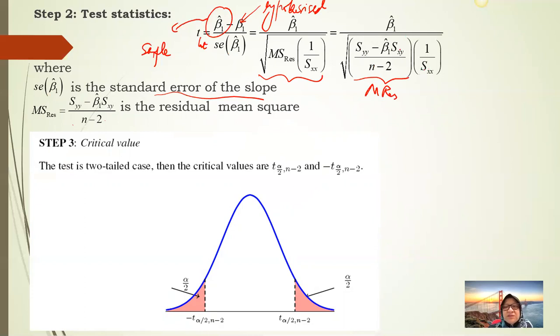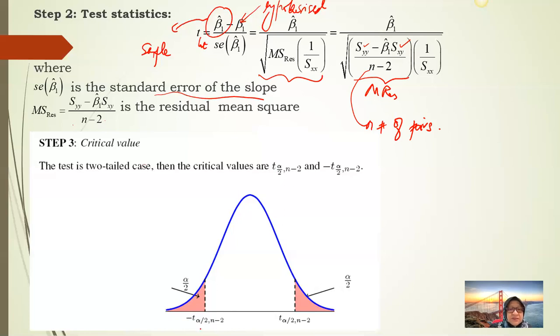We have learned how to determine SYY and SXY, and in the denominator we have n minus 2. Here n is the number of pairs, not the total number in a sample, because when we do regression, we look at pairs of x and y.